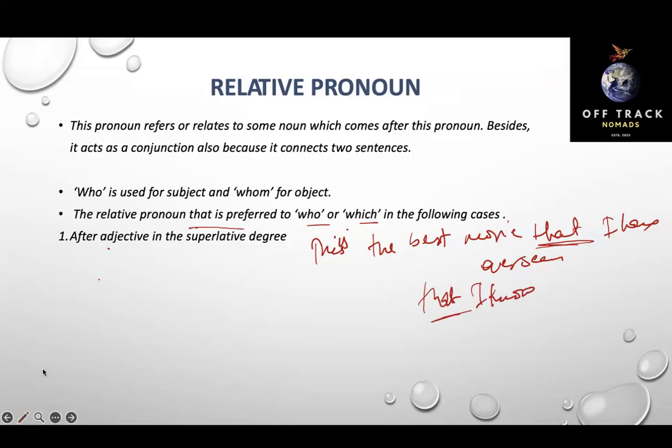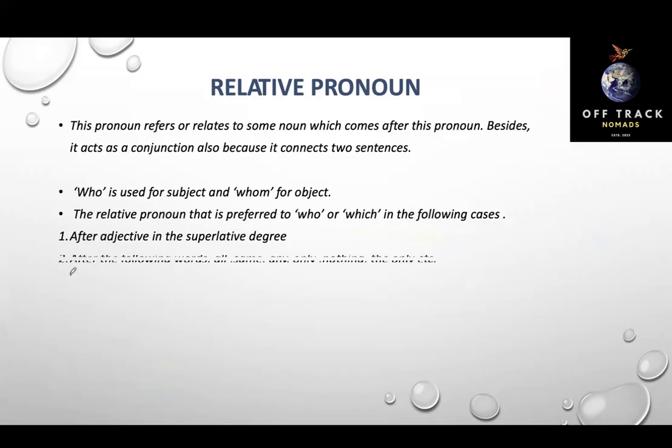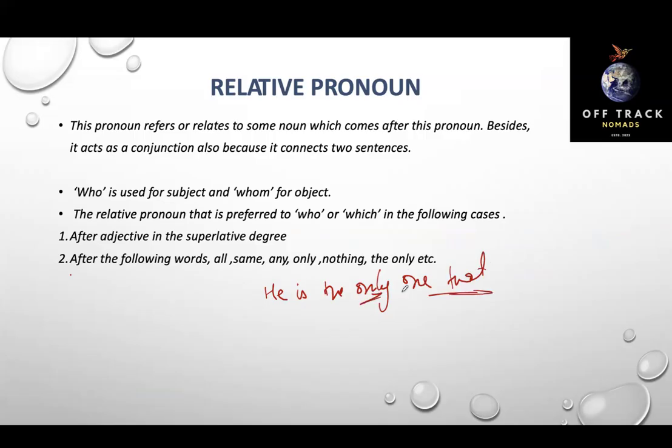So let us see which other places we can use it. Next, after the following words: all, same, any, only, nothing, the only. For example, if I use any of these words in my sentence, he is the only one that knows the truth.